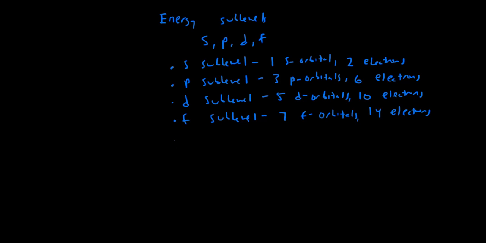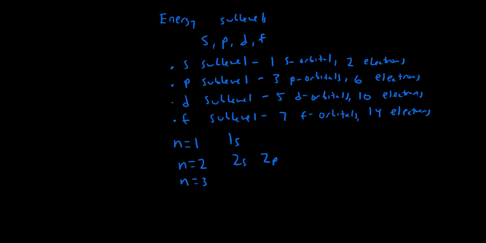So for n equals 1, the first energy level, we have a 1s since every energy level has an s orbital. For n equals 2, we have a 2s since all the energy levels have an s orbital. But starting from the second energy level, there are p orbitals. So we have a 2p.